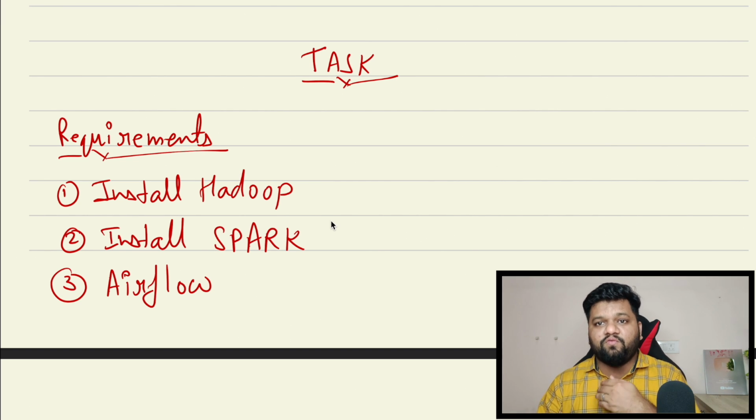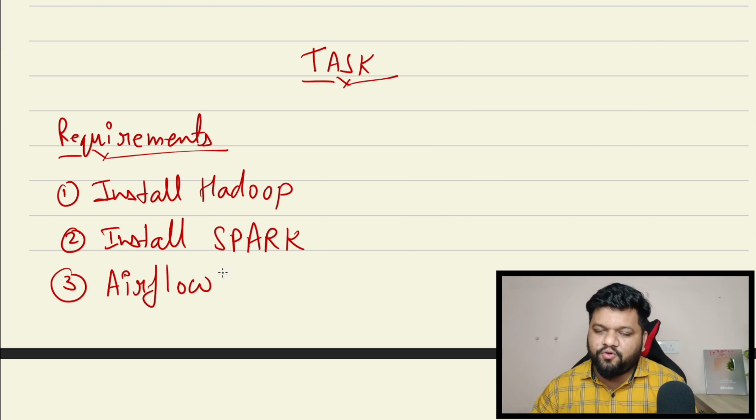Let's say every 1 hour, every 5 minutes, every 10 minutes, every week or every day, you want to trigger your data pipeline to read some data and process it. You need such an orchestration tool or workflow manager, which is Airflow, very popular, so that you can schedule your job, orchestrate it, and maintain those dependencies. So Airflow is something which you need.